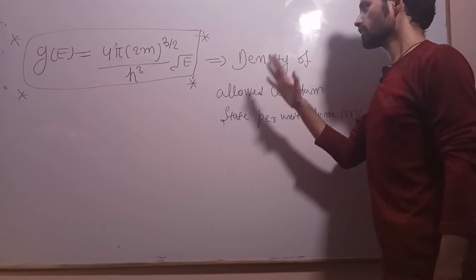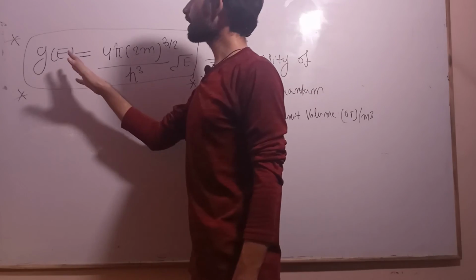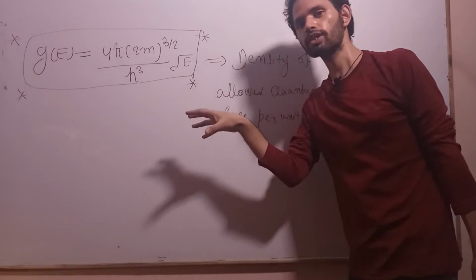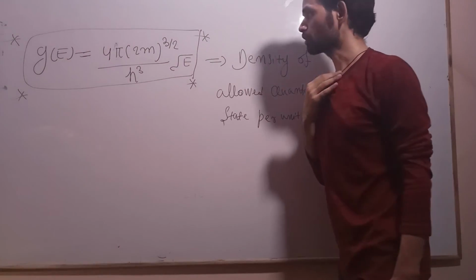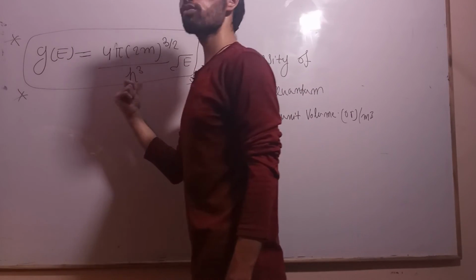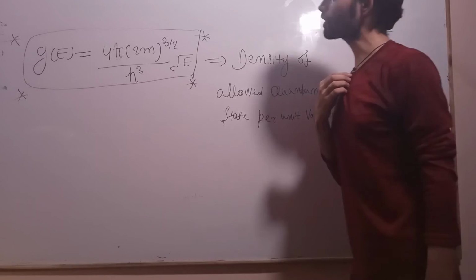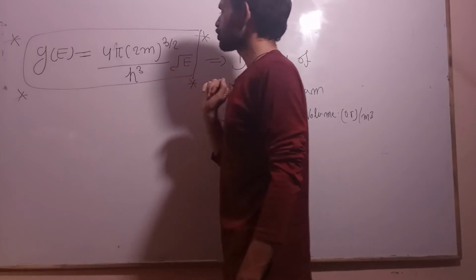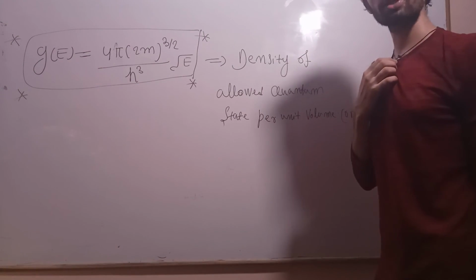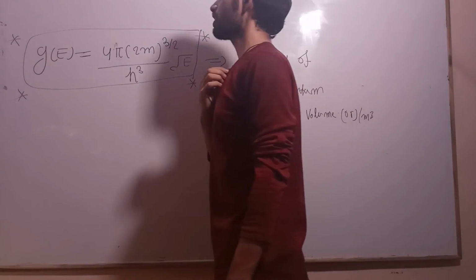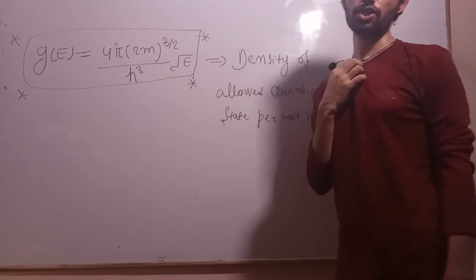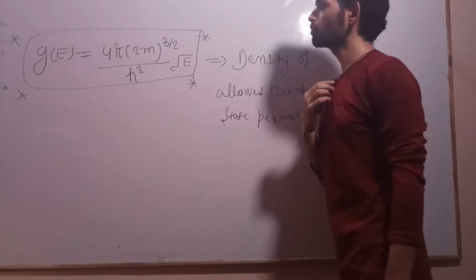Now we will see further the density of quantum state inside the semiconductor crystal. This is the density of state for a free particle. Now we will see the density of state inside the semiconductor crystal, in the conduction band as well as in the valence band.